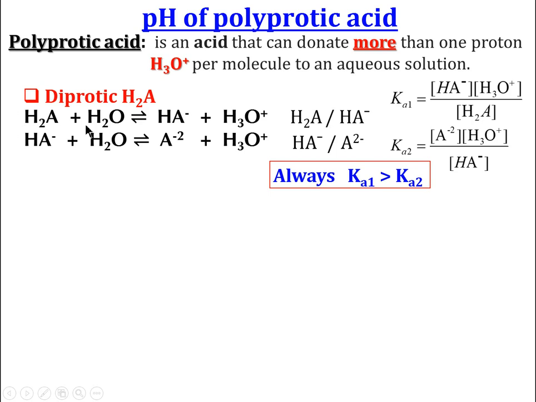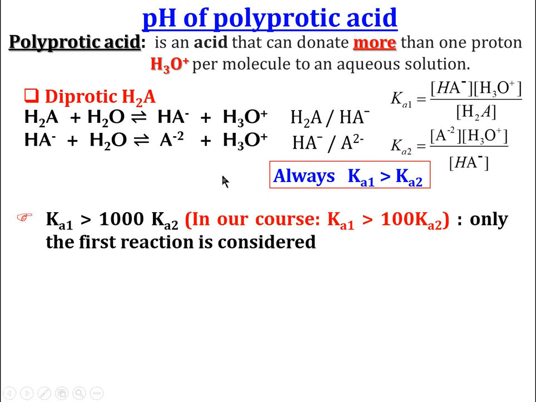And these two reactions are of the same stoichiometry, so the values of Ka1 and Ka2 can be compared to know the sequence of these reactions.